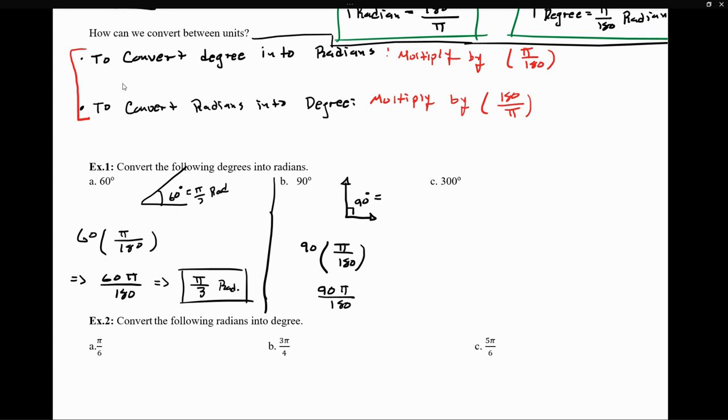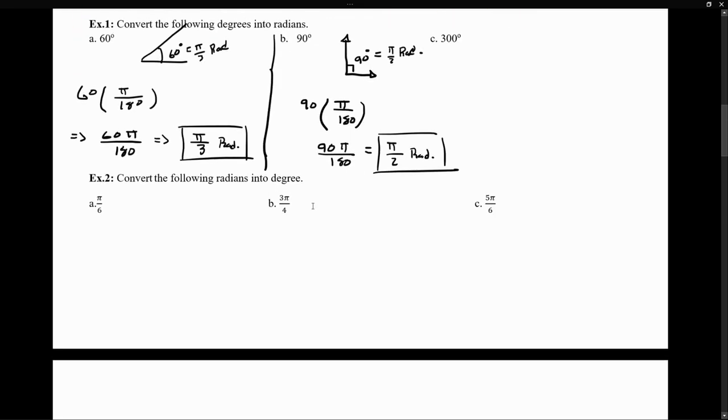But notice that 90 over 180 is equivalent to 1/2. So therefore, this is equivalent to pi over 2 radians. So there are two ways that we can measure this openness between those two rays, either by saying 90 degrees or by saying pi over 2 radians.